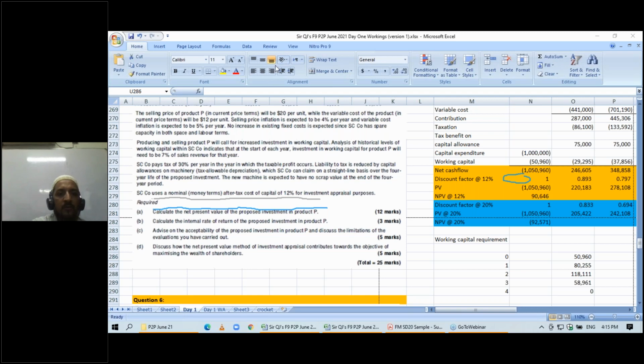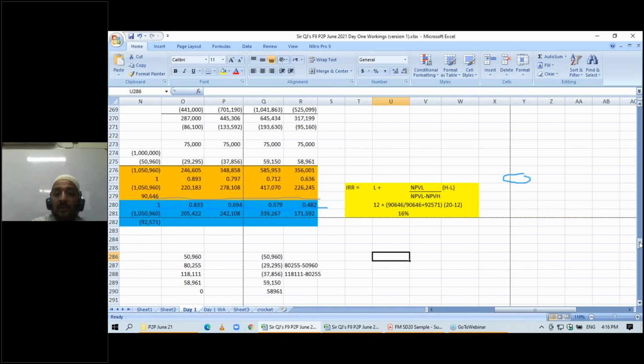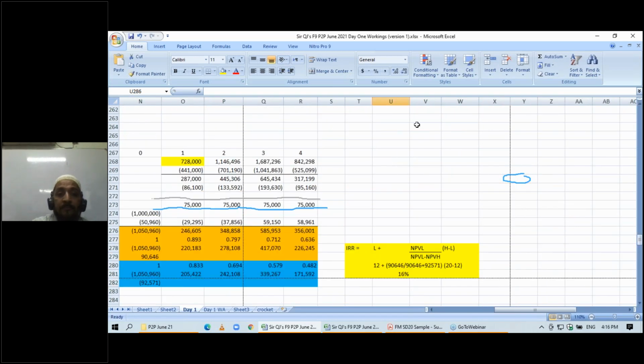Okay, so the next part is advice on the acceptability of the proposed investment in product P and discuss the limitations of evaluations you have carried out. So participants, let's discuss whether this proposal is acceptable or not and then discuss on the limitations of our evaluation being carried out.